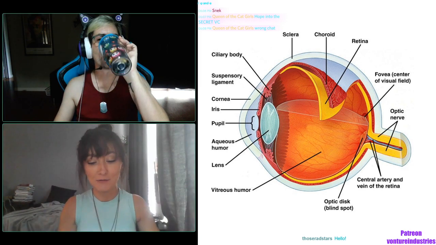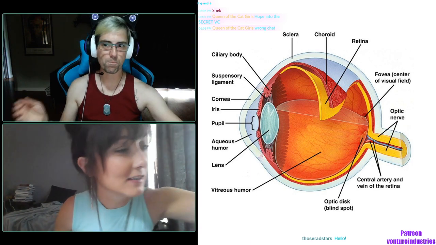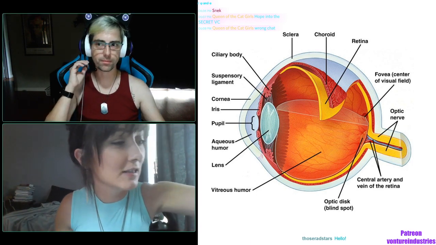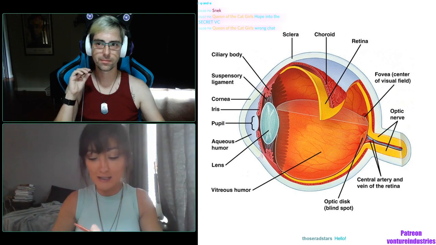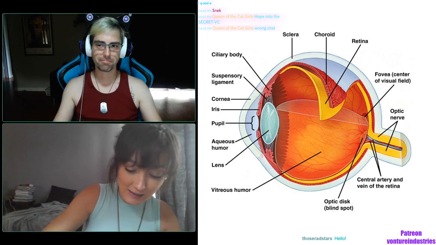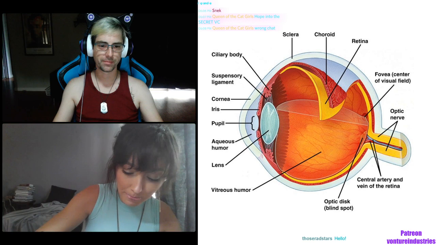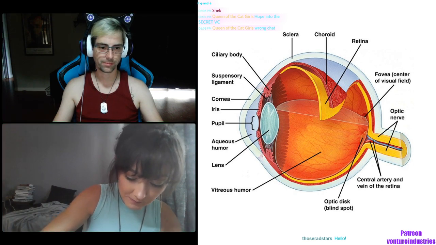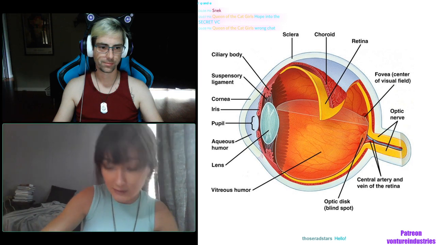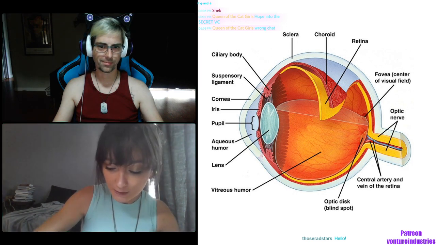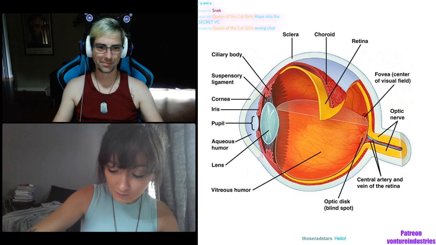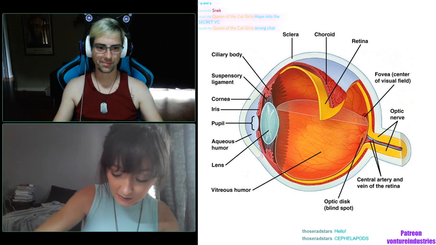Cephalopods have eyeballs the right way. Isn't that neat? Ours are backwards. Something, intelligent design. Okay. Now, I will draw a picture. Once upon a time, humans evolved. Oh, controversial. Oh, that's a really derpy looking eye. Okay, that's fine.